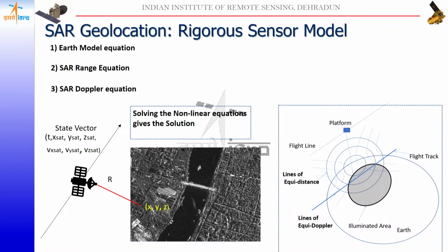Normally we consider the earth as an ellipsoid, and normally we consider the earth surface as the WGS 84 datum. So we consider the earth as ellipsoidal, and we have the range equation and Doppler equation. All these three equations we will solve, and we will estimate the proper XYZ of a SAR image.